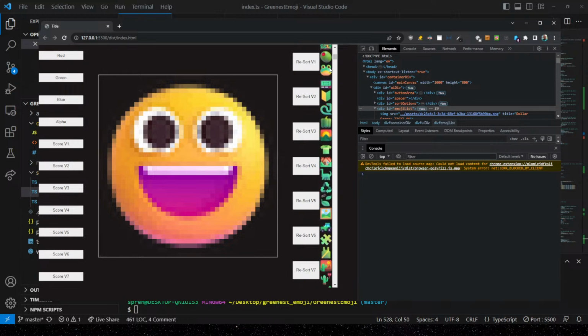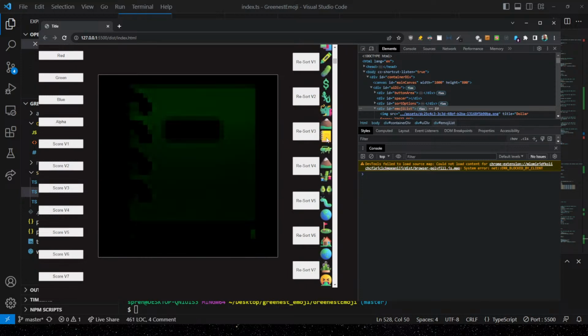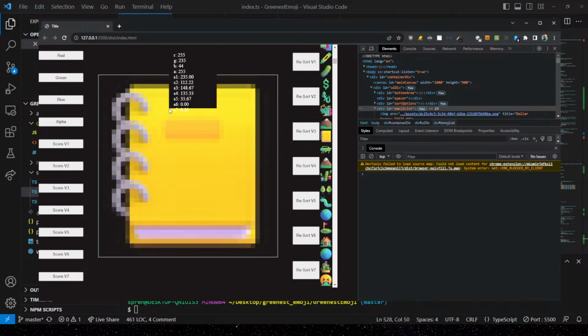What was my specific issue with V5? Yellow is a bit rated too highly. Right, this is pretty solidly yellow.